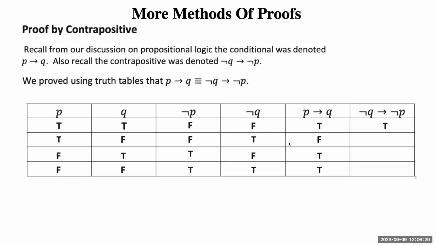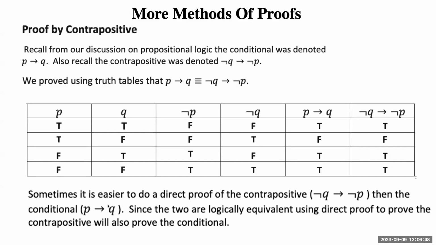True implies false is false. I'm sorry, let me fix that: the column gives true, false, true, true. Notice these 2 columns are the same. They have the exact same truth values for every row. That means that these 2 statements are logically equivalent. So this just replicates our proof of this that we did earlier.